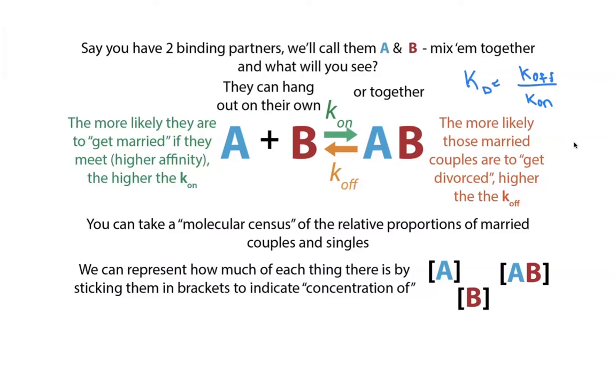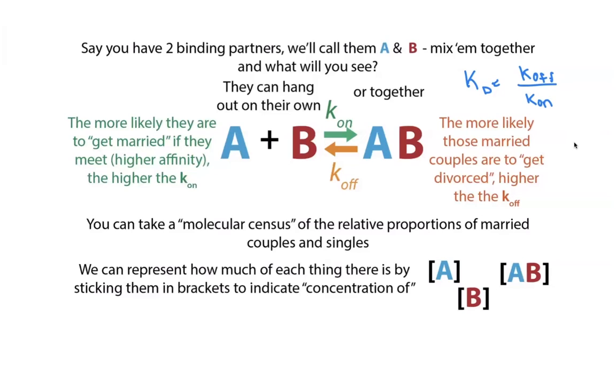It'll just tell us how it all plays out at equilibrium with some balance of the K on and the K off. All being equal, if you were to increase the K on, you're going to decrease the KD. And if you were to decrease the K off, you would decrease the KD as well. Hopefully this will make more sense when we talk about KD in terms of concentrations at equilibrium.